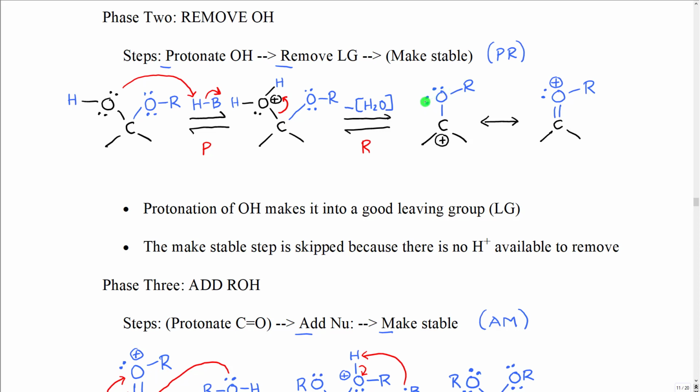So what we can do is use resonance, moving one of those lone pairs down to make a double bond and delocalizing that positive charge out onto the oxygen, so that in our intermediate, that positive charge is spread out and therefore doesn't have as much potential energy, and therefore it can exist like that for a period of time.